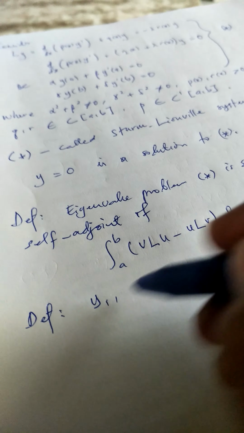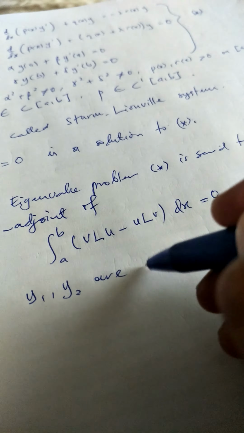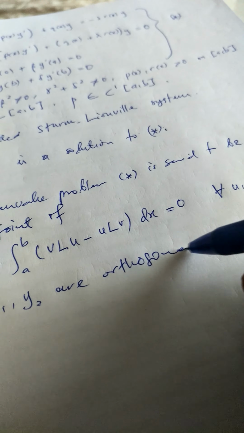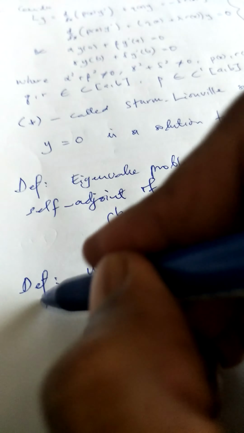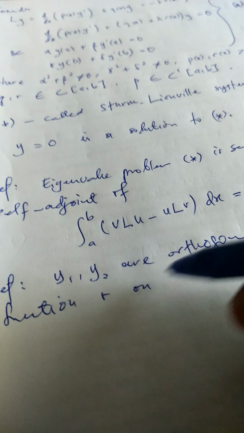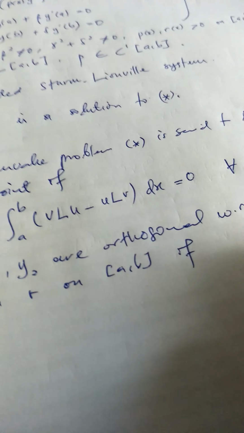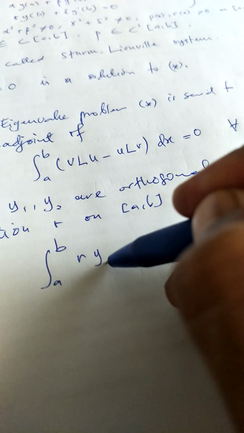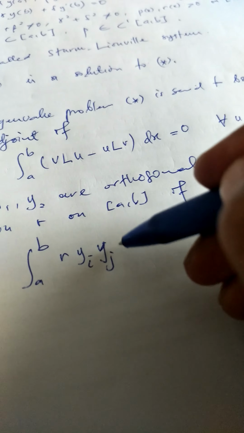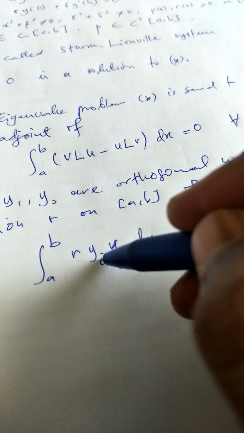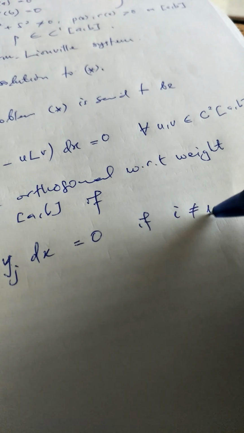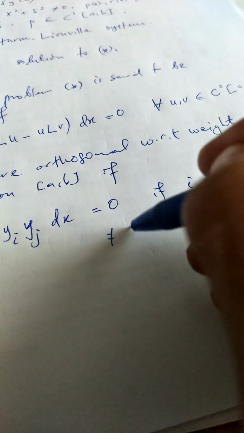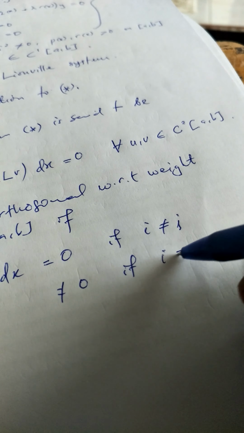Two functions y1, y2 are orthogonal with respect to the weight function r on [a,b] if the integral from a to b of r(x) yi(x) yj(x) dx equals 0 if i is different than j, and not equal to 0 if i equals j.